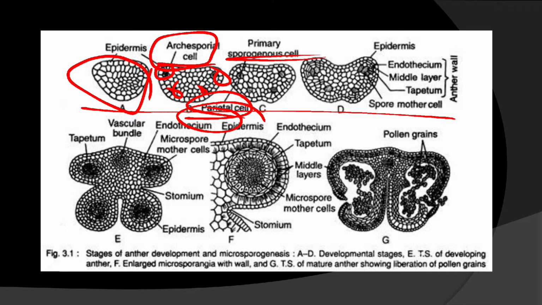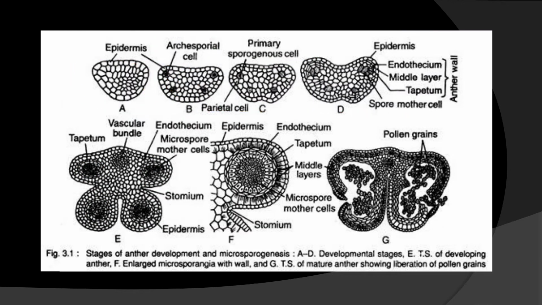Sporogenous tissue is present in the center of each microsporangium. These sporogenous tissue have the potential to behave as microspore mother cell or pollen mother cell.